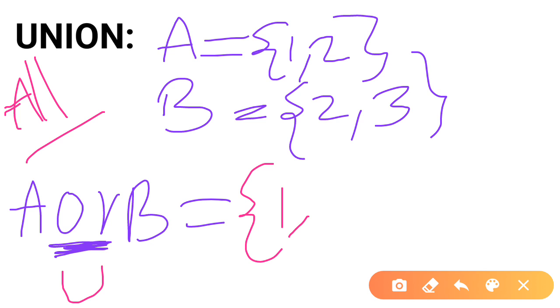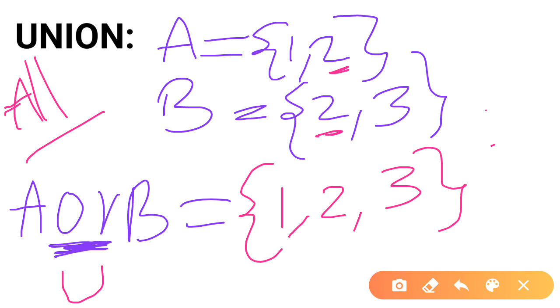All elements means 1, 2 and 3 only. Here 2 is repeating, but don't take repeated elements; you should take them only once. So this is called A union B.